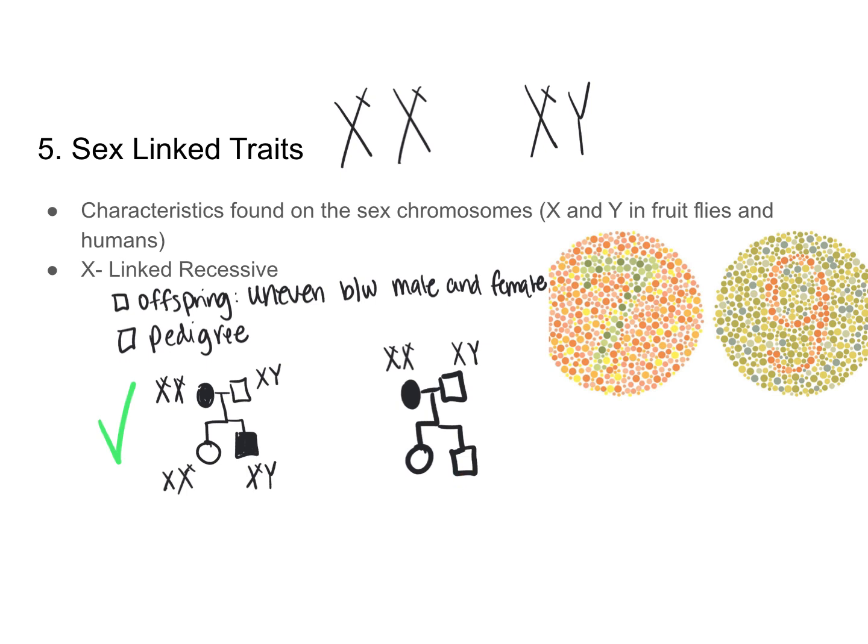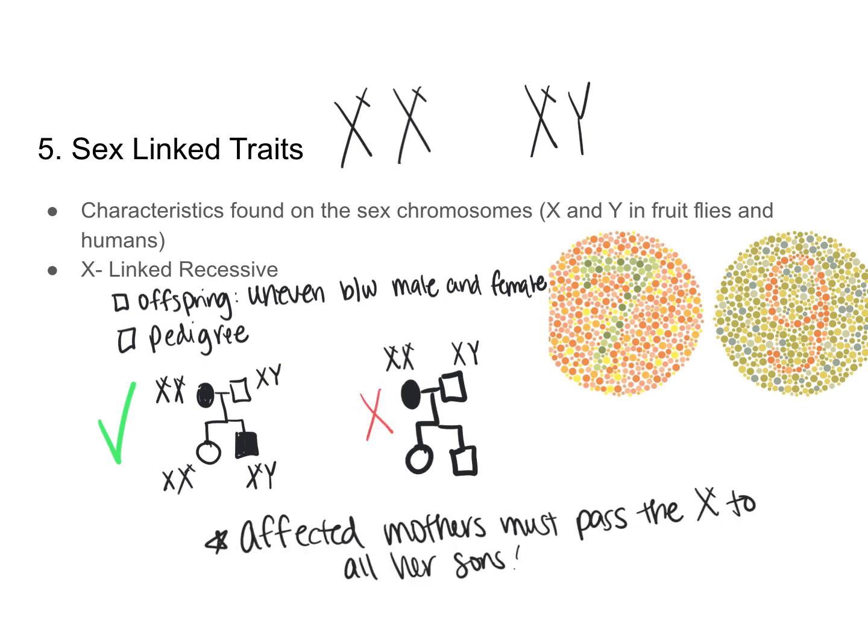Now because the son has to inherit his X chromosome from his mother, he gets the Y from his father. If the son is unaffected, that tells me that this is not a sex-linked recessive pedigree. This can't be, because he's got to inherit this X chromosome from his mother. So that is what you want to look for.